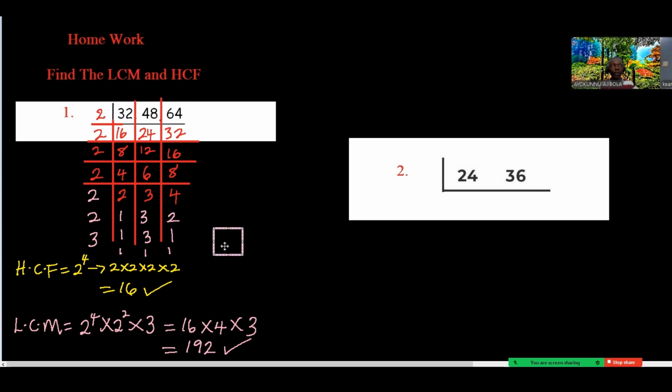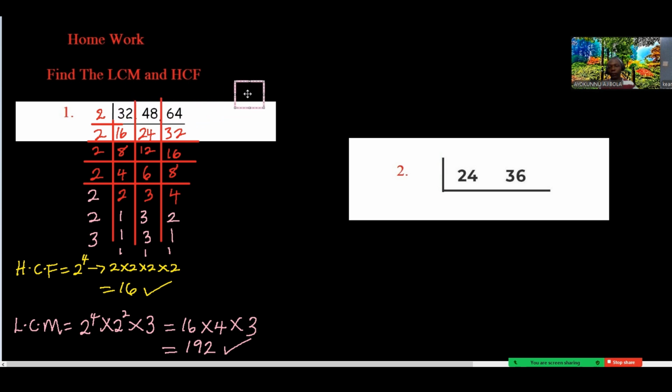Then this LCM, which is lowest common multiple, is the smallest number that the three numbers can divide. So when we're looking for LCM, we're looking for the lowest number that all the three numbers can divide. So it's always a big number. But when we're looking for highest common factor, it's always a number that is either equal to the smallest among them or smaller than all of them.